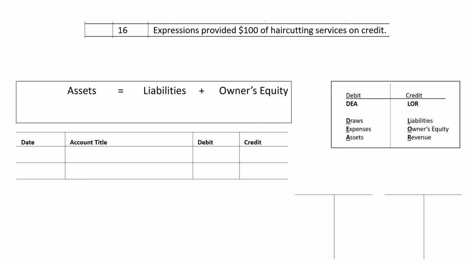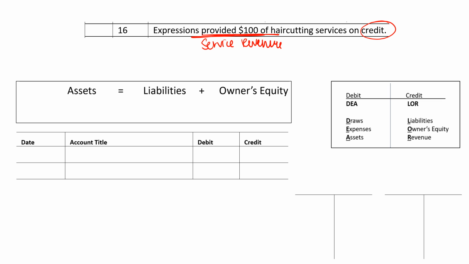December 16th, Expressions provided $100 of haircutting services on credit. So there was no cash to change hands at this point. Revenue was generated because services were provided. So this is service revenue. But again, there was no cash.